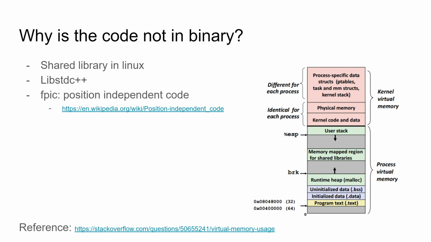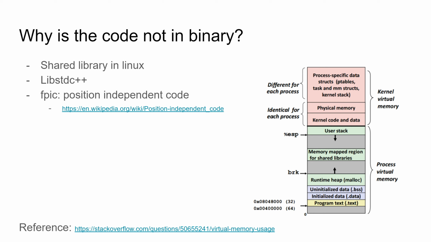What's interesting here is that due to the fact that there will be thousands of processes running in a system with the same implementation for IOStream and string and map and vector, you don't actually want them to contain a separate copy.